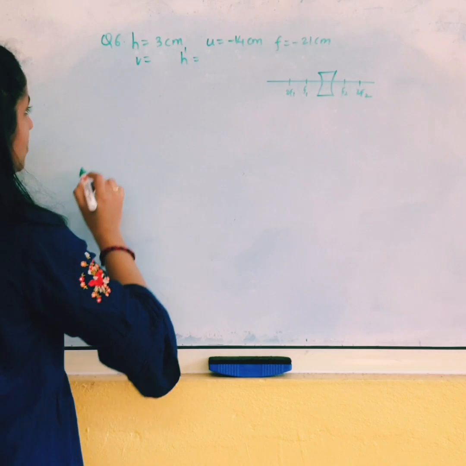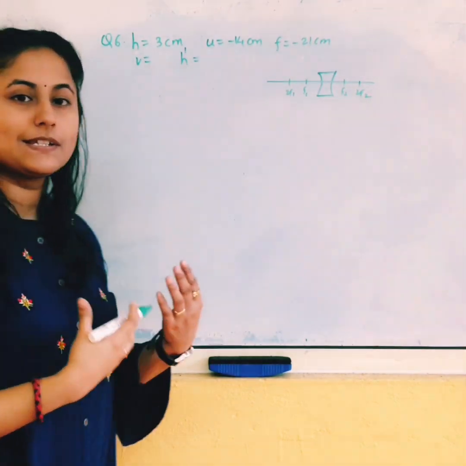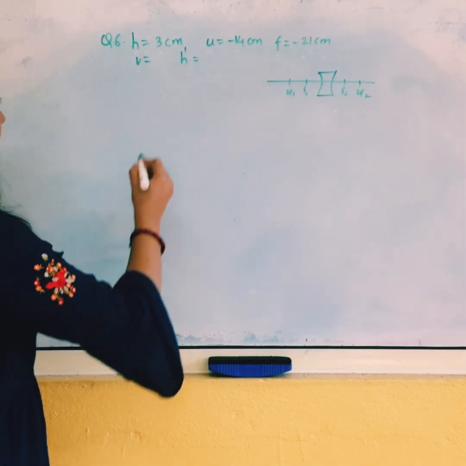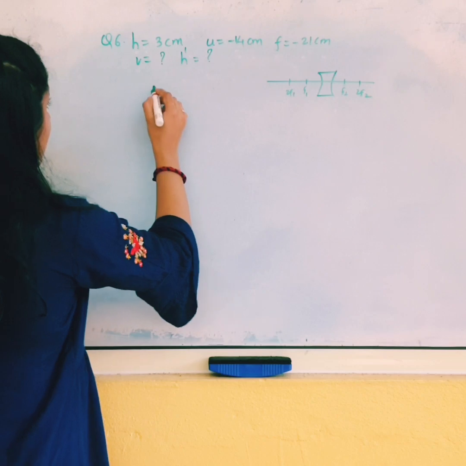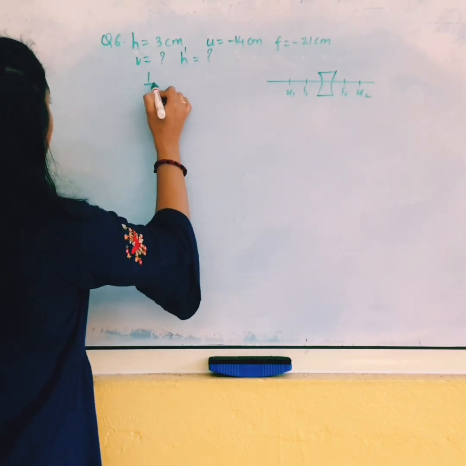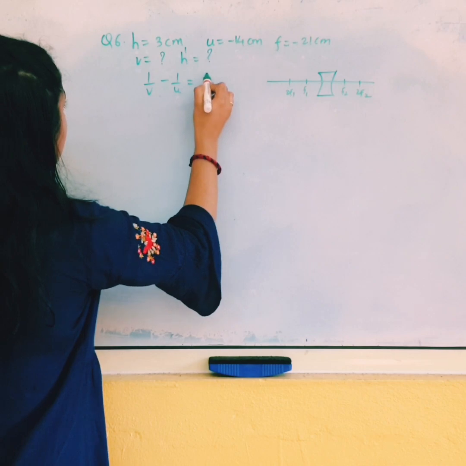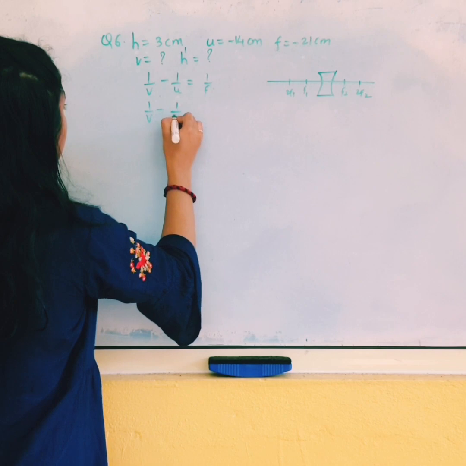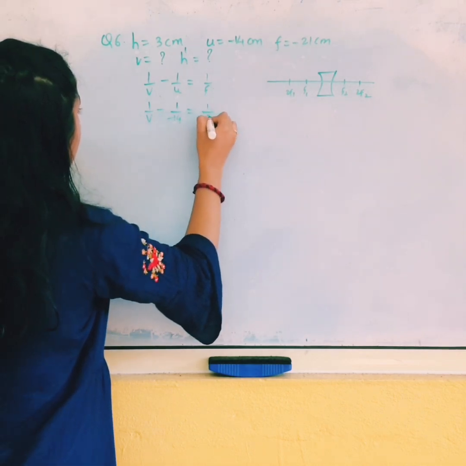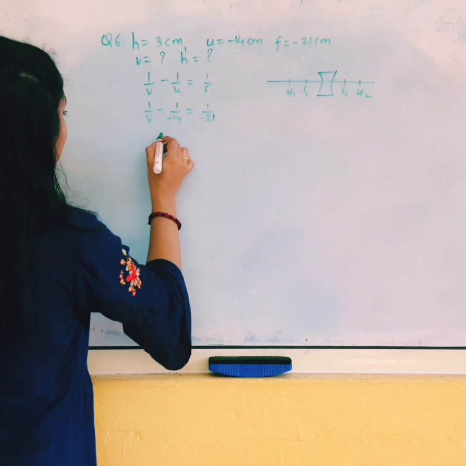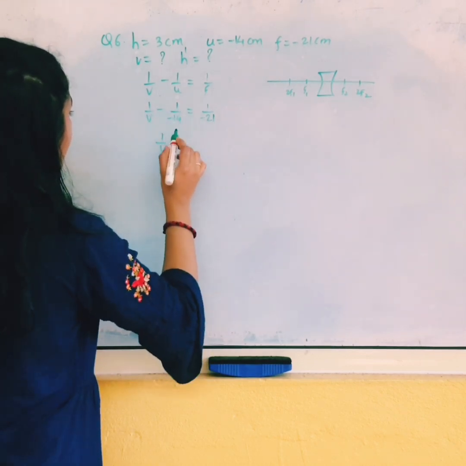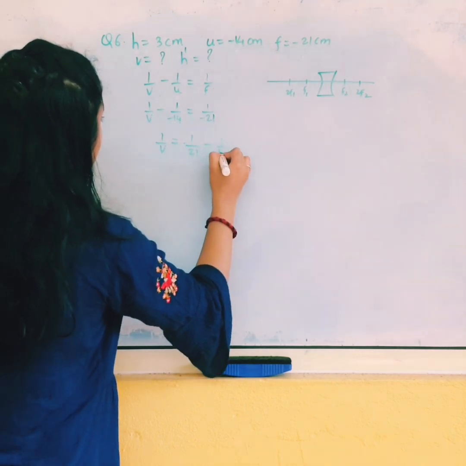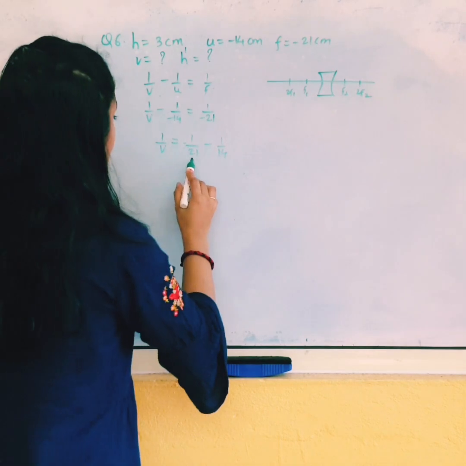You are basically asked to describe the type of image formed. For that matter, we need to calculate v as well as h dash. So let's use the lens formula. Now here this will get multiplied. It will be plus 1 upon 14. So when you take it to the other side, it will be negative 1 upon 14. So you need to find LCM.